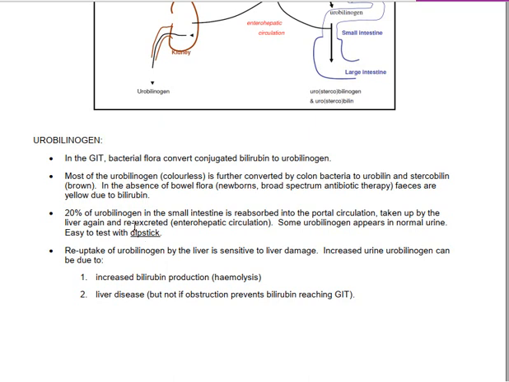Is it clear? The urine dipstick can see urobilinogen. You need to know that urobilinogen is produced from conjugated bilirubin. Is it clear?